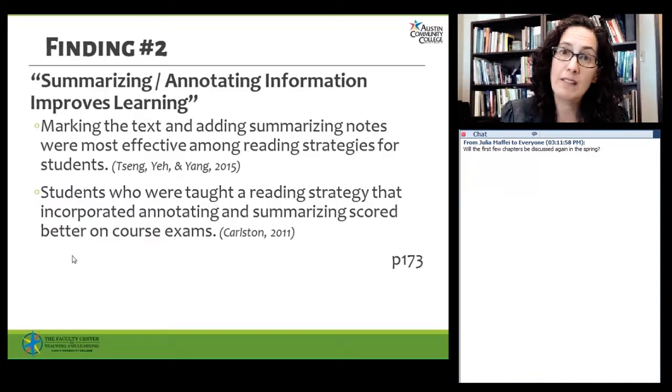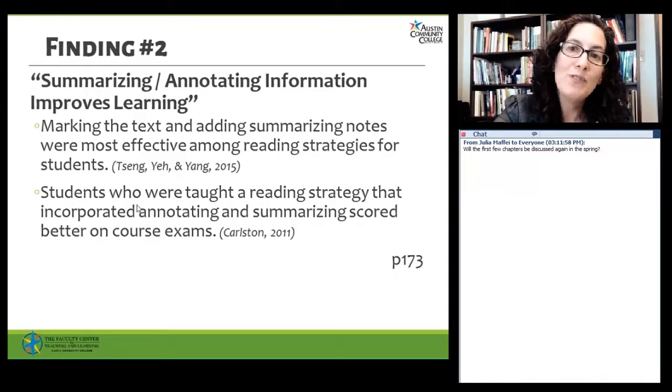The difficult thing is that most students don't know what strategies will work, and so they fall back on highlighting. But the research suggests, in this second one, that students who are taught a reading strategy that incorporates these techniques really score better on their course exams.